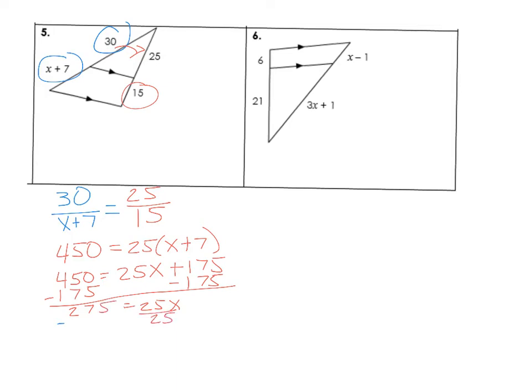Divide by 25. You have $2.75. You have 11 quarters. That's it. All right, so pause the video. Do number 6 on your own.